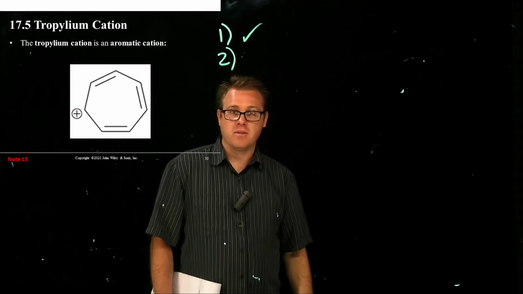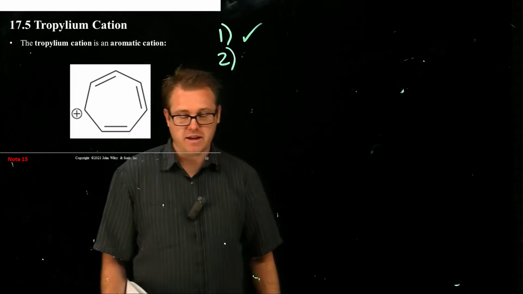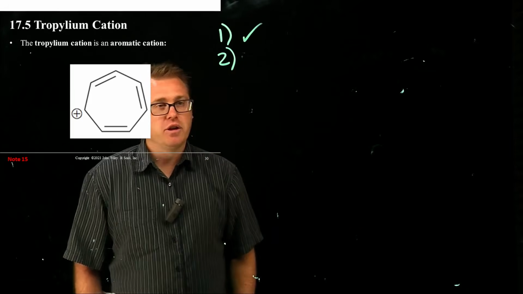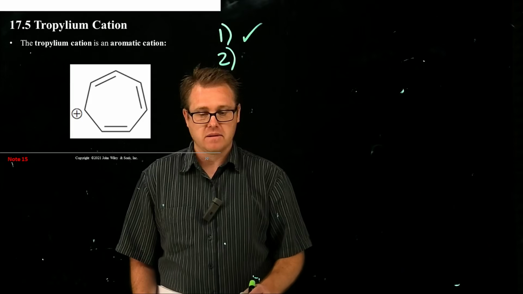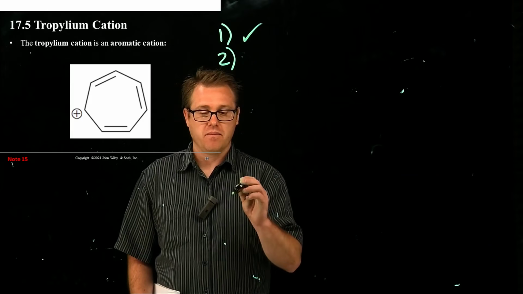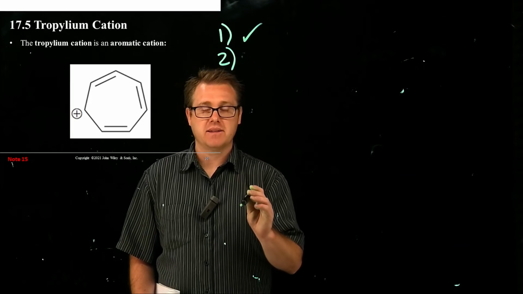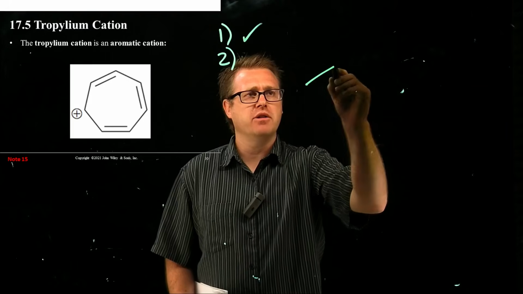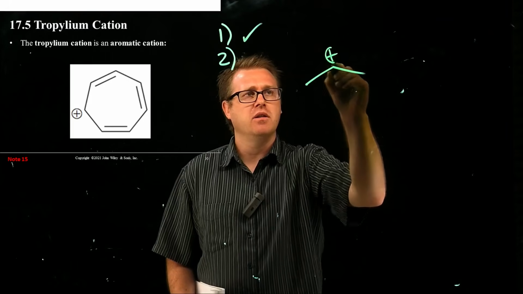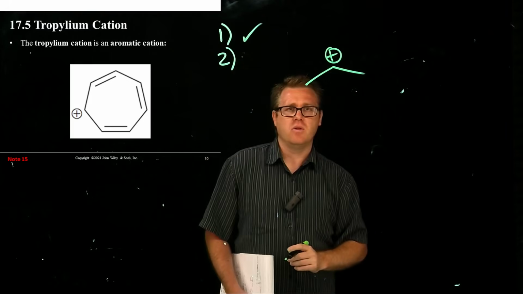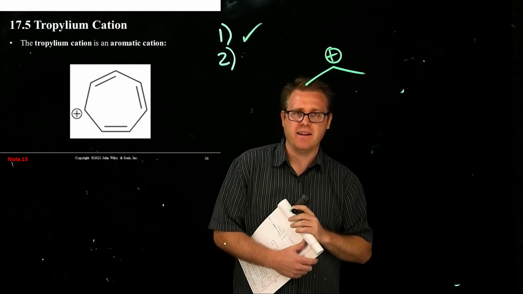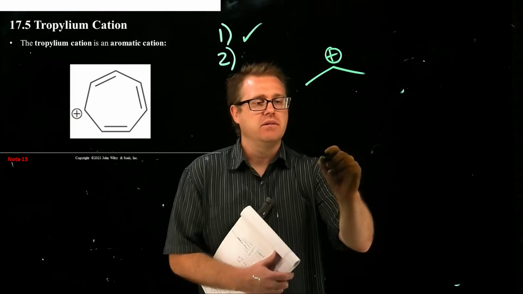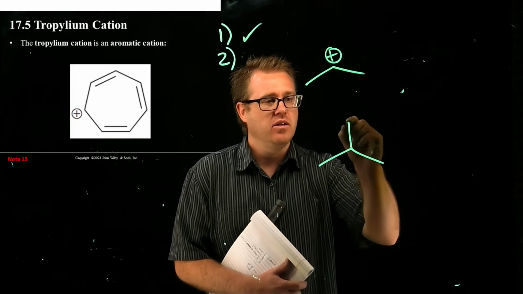Are all the carbons sp2 hybridized? When you look at that, you can see that the carbons with double bonds are sp2 hybridized. But what about the cation? I'm going to draw part of the molecule. What is the hybridization state of a cation? Well, let's draw the cation.